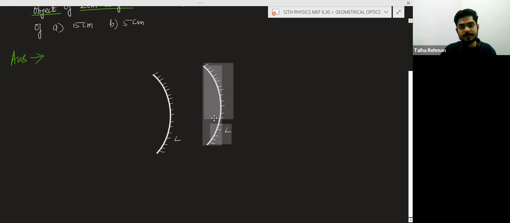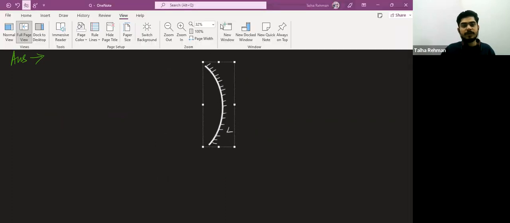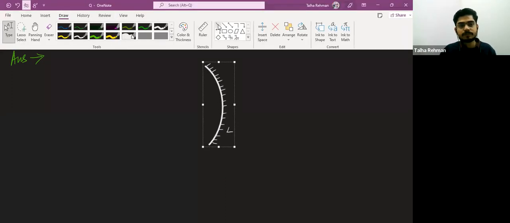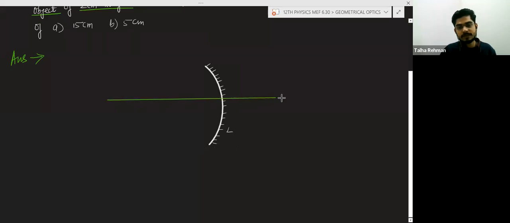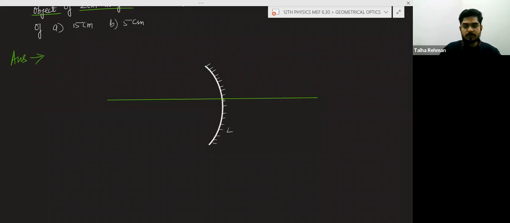This is a concave mirror, and this is the principal axis, and here is the pole.